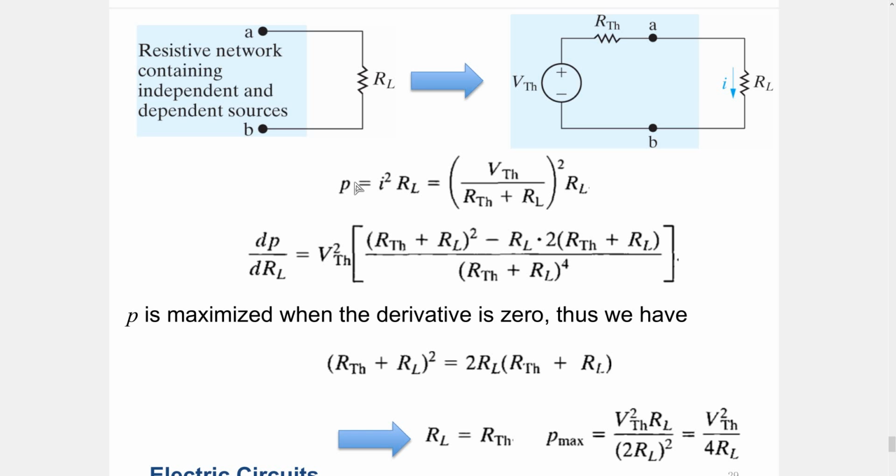Well, the expression might look ugly, but all the variables other than the RL can be treated as constants in this specific scenario. So if we take the derivative with respect to RL and equate it to 0, then I can obtain the following expression.